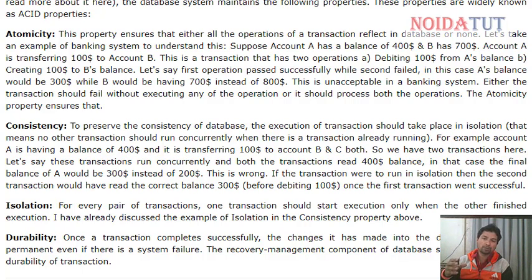Let's say the first operation passed successfully, while the second failed. In this case, A's balance would be 300, while B would be having the same $700 instead of $800.